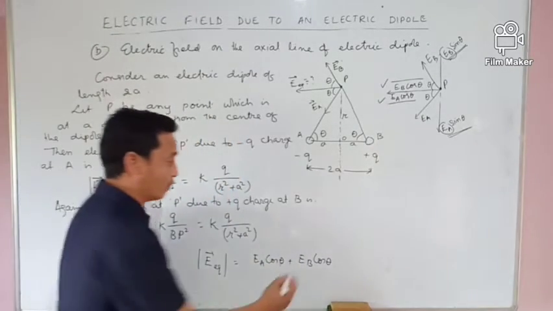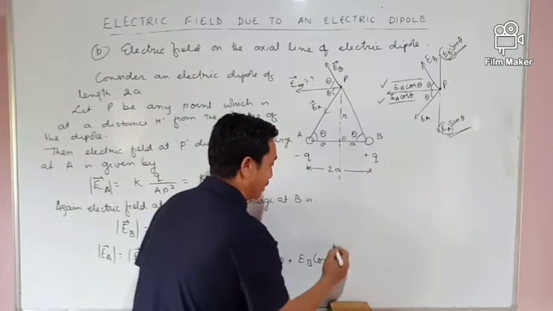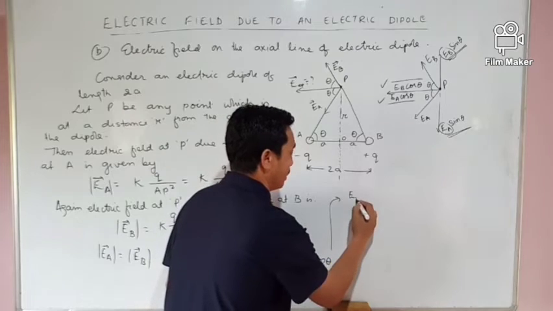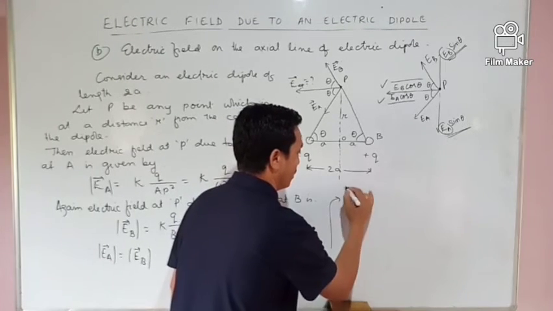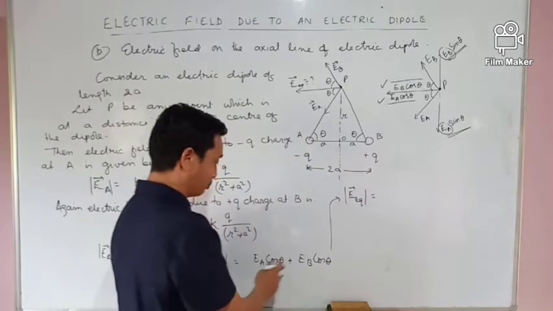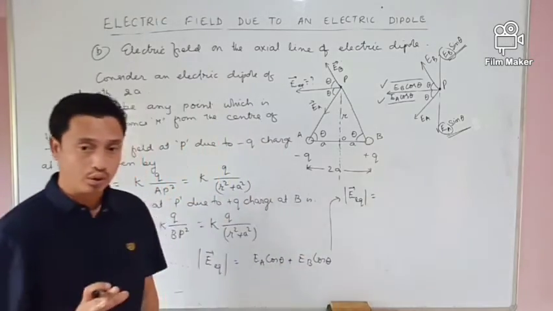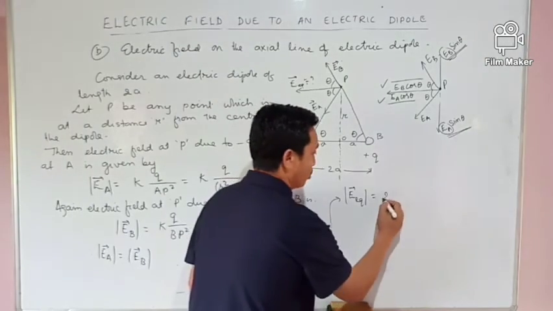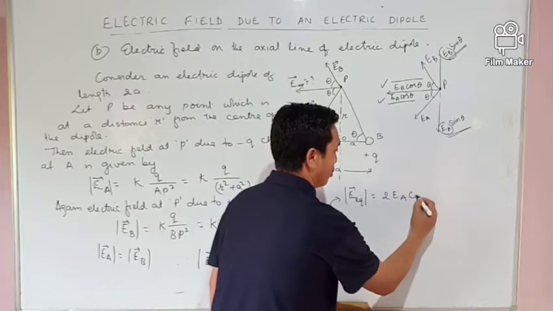If I put the value here, E equatorial is equal to, since EA and EB are equal in magnitude, twice EA cos theta.